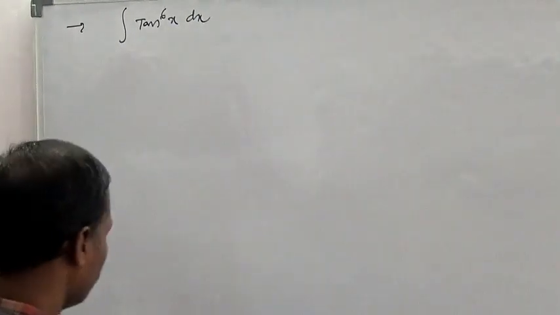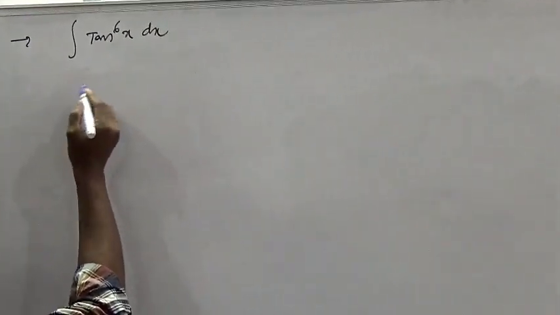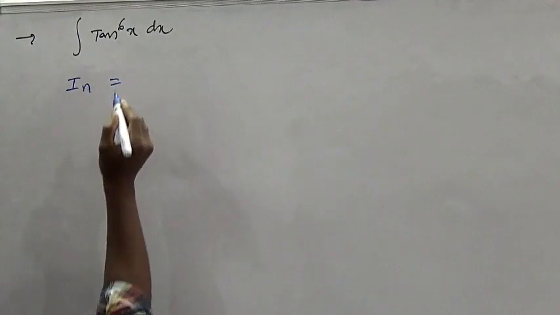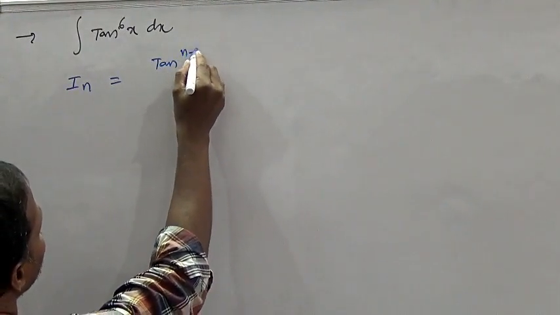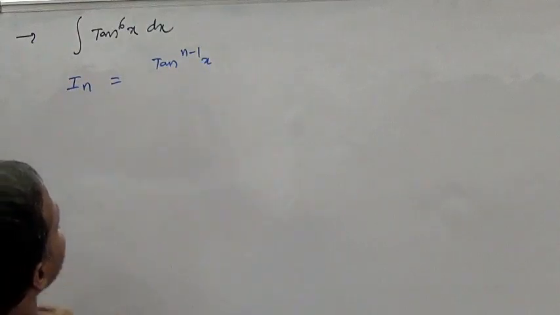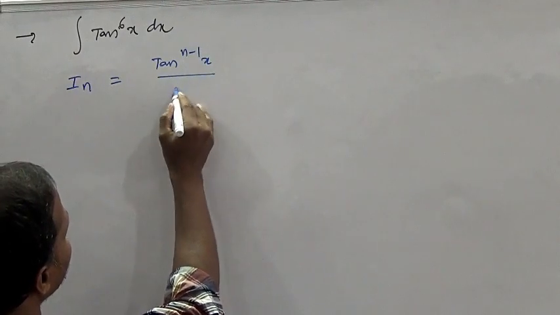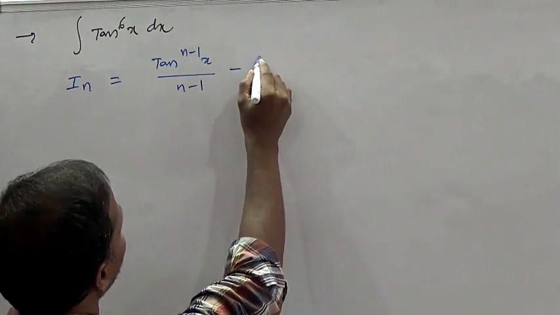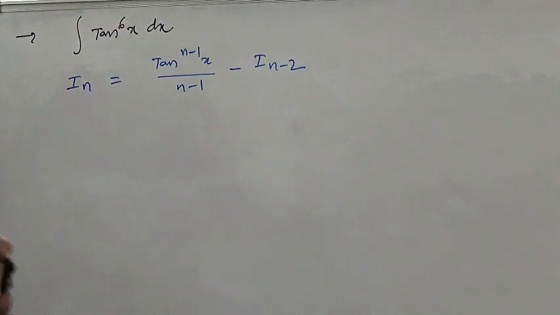So we will write the reduction formula for tan power nx: I_n equal to tan power n minus 1 x by n minus 1 minus I_{n-2}.